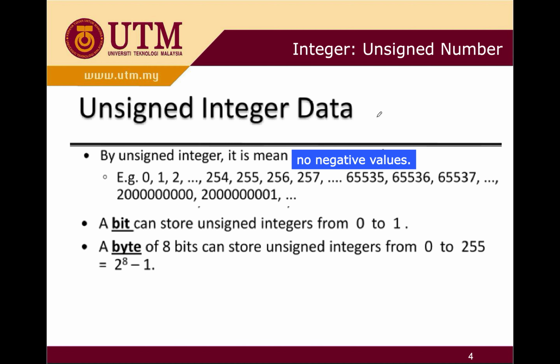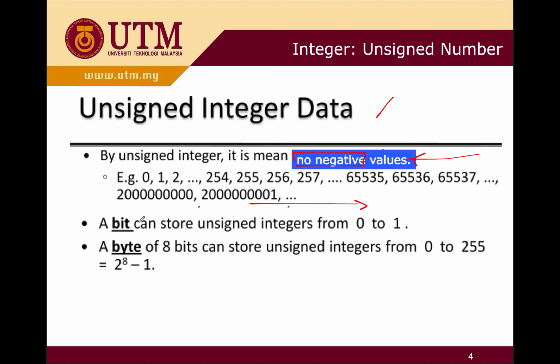For unsigned integer data, what is it? It is a value with no negative. It means all values with no negative value, starting from 0 up to infinity, are unsigned integer numbers.